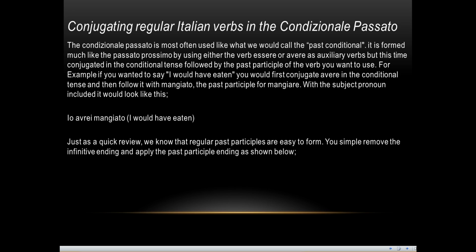Just as a quick review, we know that regular past participles are easy to form. You simply remove the infinitive ending and apply the past participle ending as shown below. Verbs ending in are use ato. For example, mangiare minus are equals mangi plus ato equals mangiato.